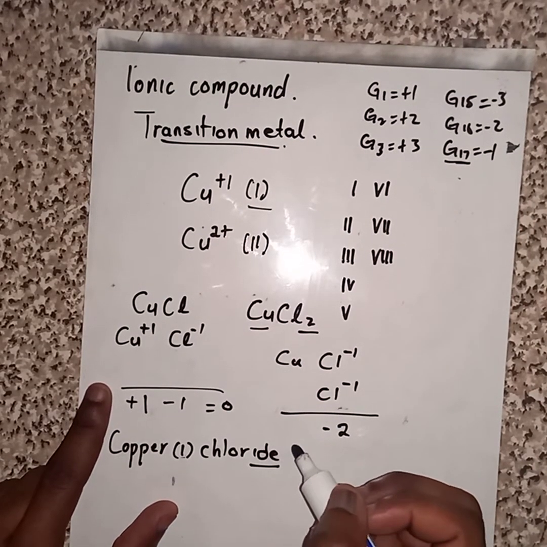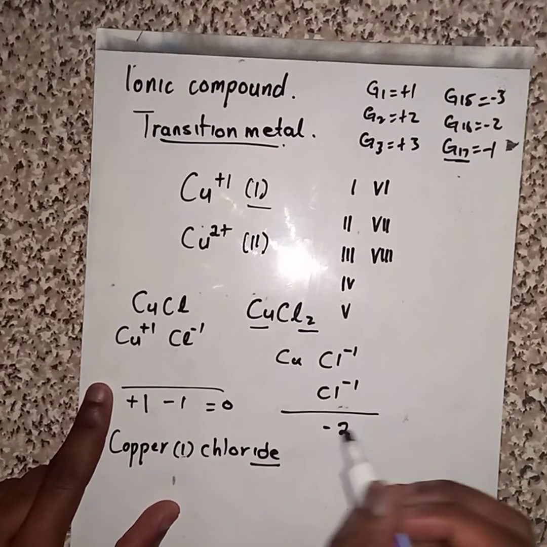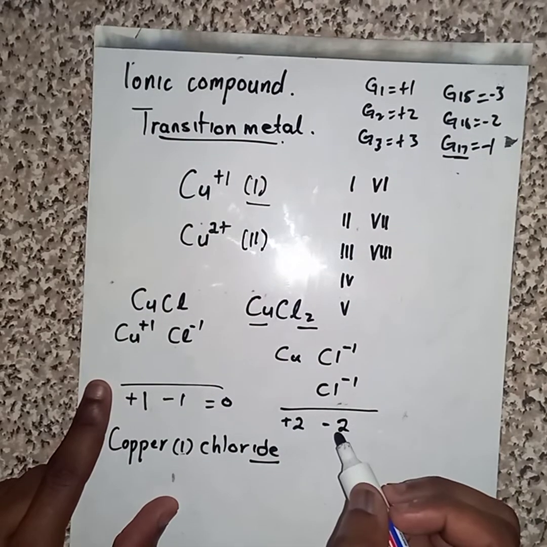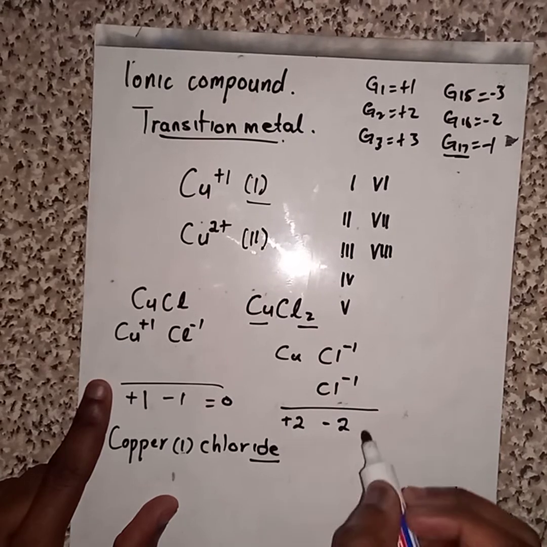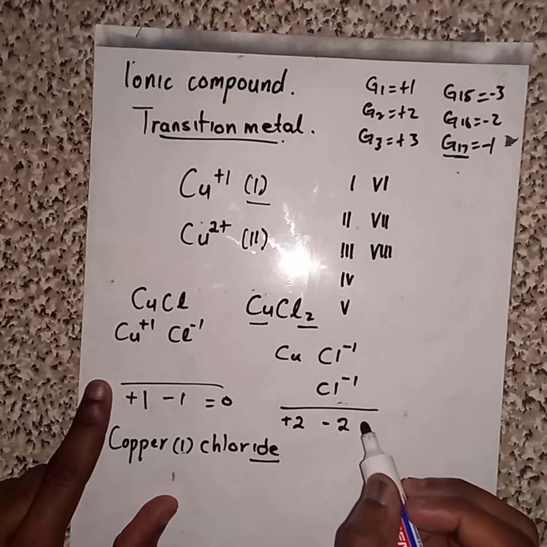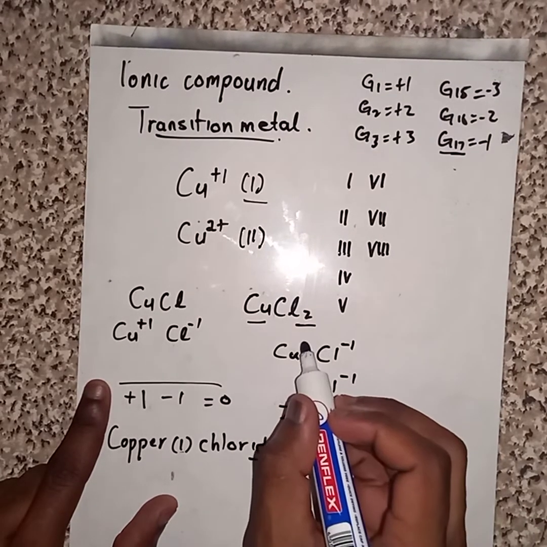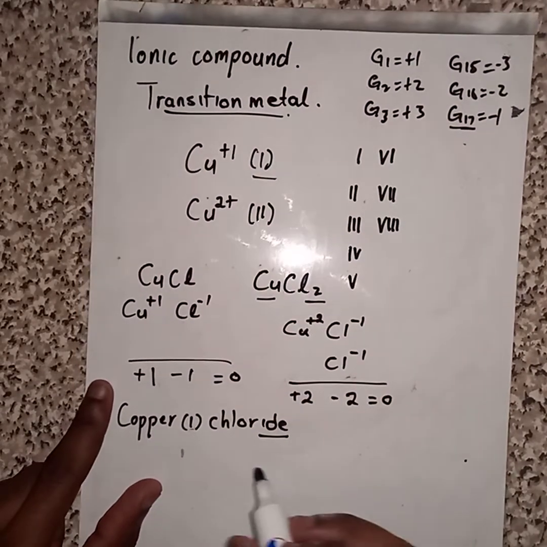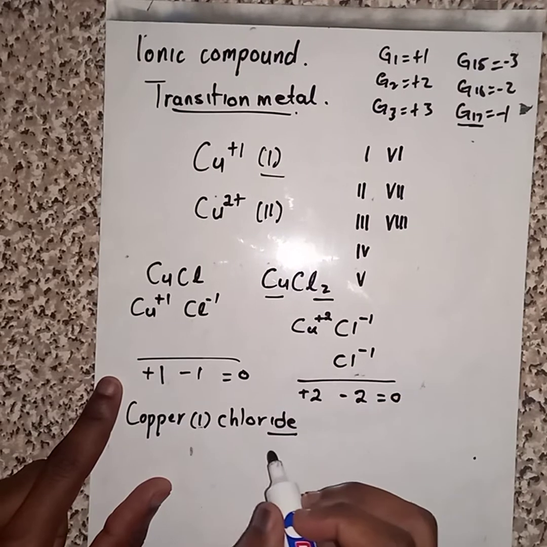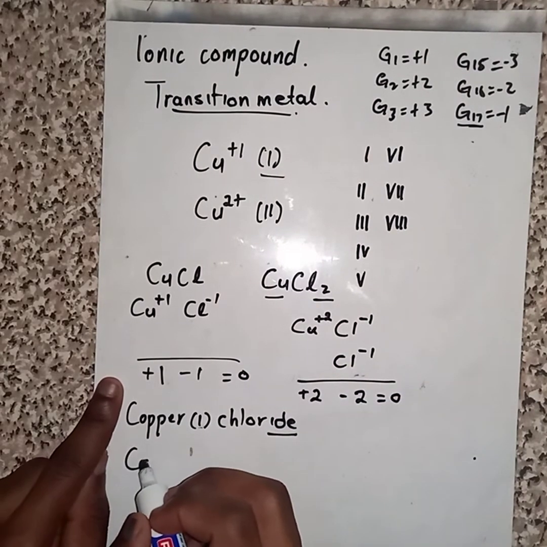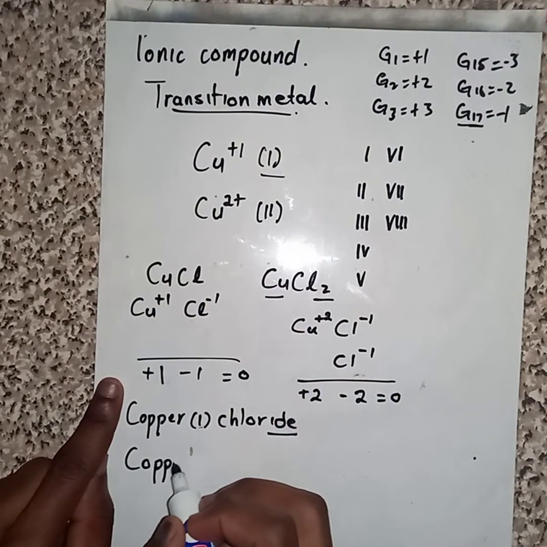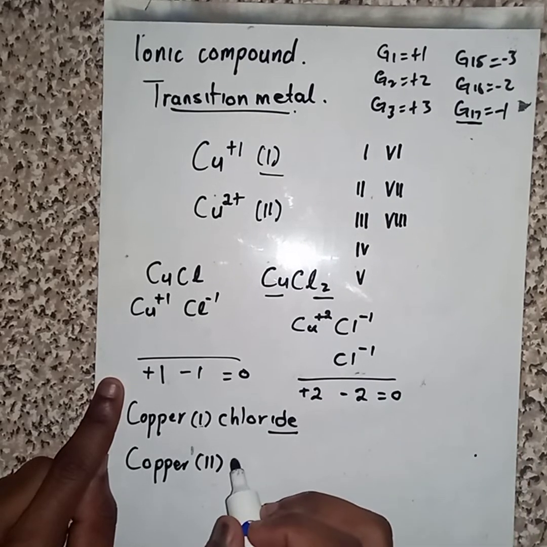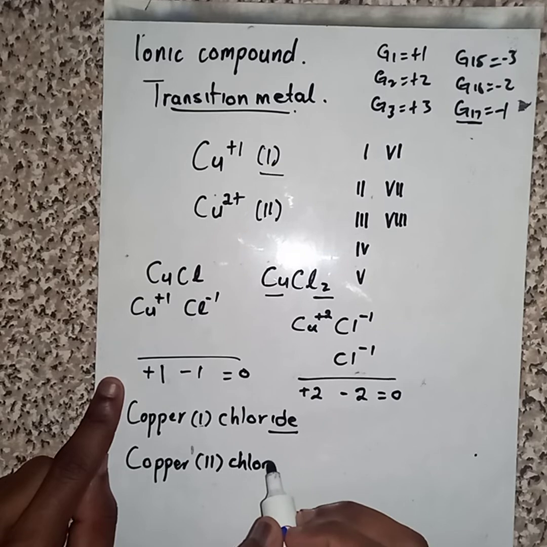What charge must I add so that I get 0? Clearly, it's going to be +2. When I solve the expression, I get 0, so here I must add 2. Then the name is going to be copper(II) chloride. Let me write it here: copper 2 chloride.